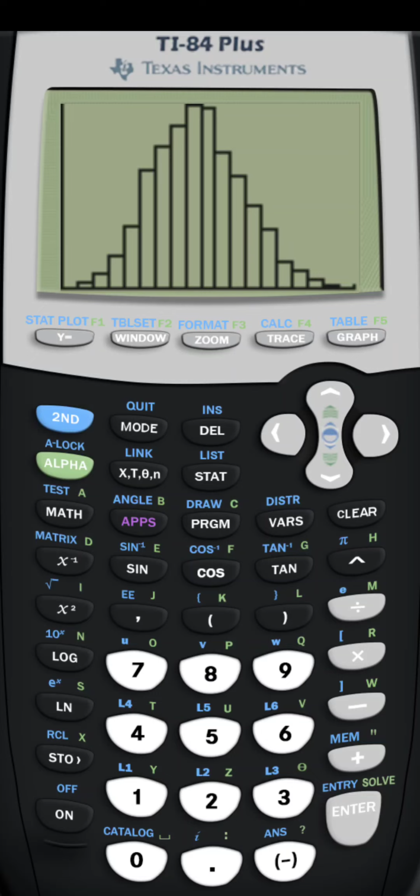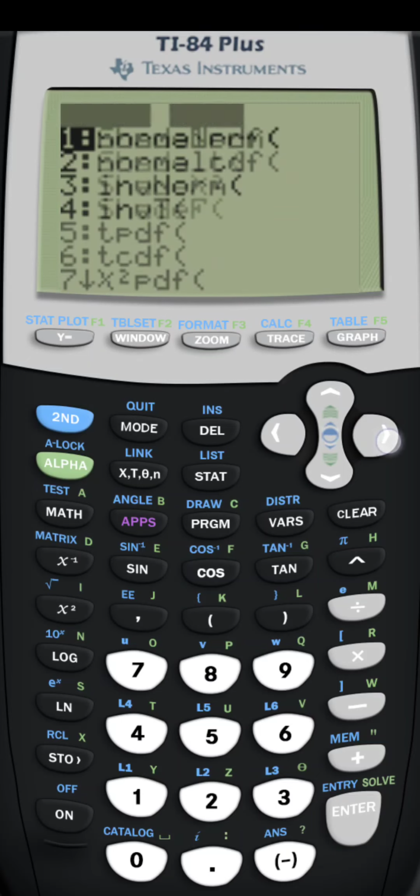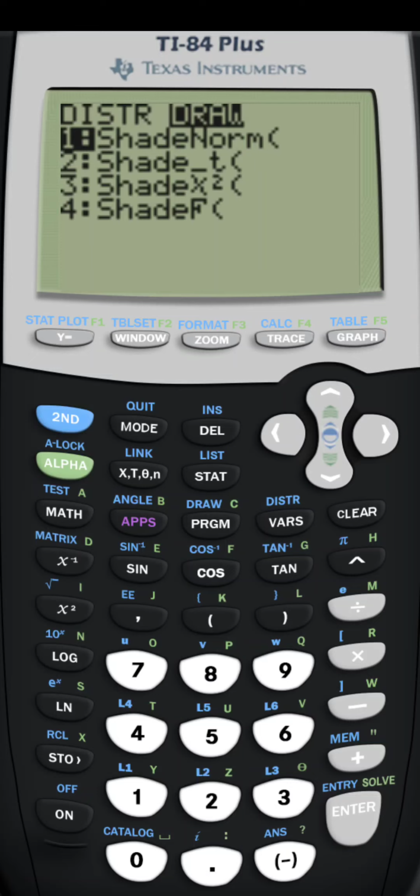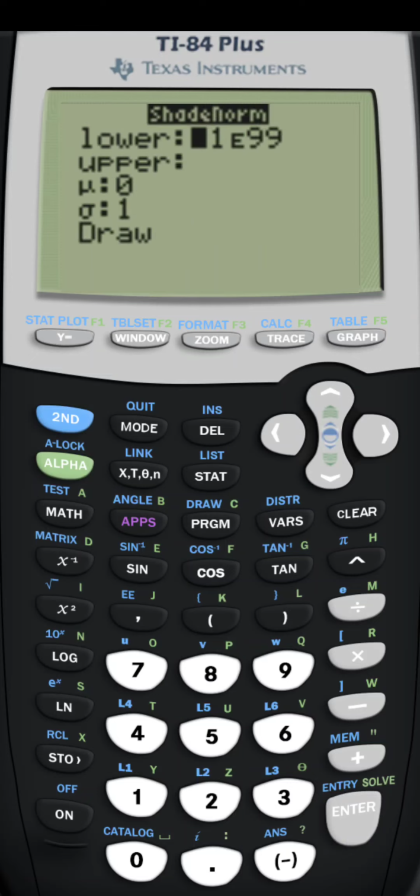So the idea here is this curve is approximately normal, and we have a ton of samples with this data set, 1200 about. So this should be pretty close to an actual normal distribution. If we go to second distr, there's this shade norm function that we introduced. So what we want to do is shade in the ideal normal distribution that represents this sample distribution.